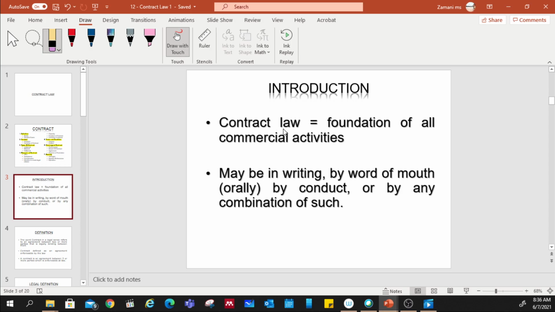Contract law is actually the foundation of all commercial activities. It can be in writing, by word of mouth, by conduct, or any combination of them. That will be the contract law.